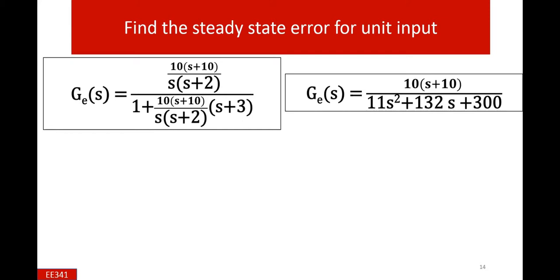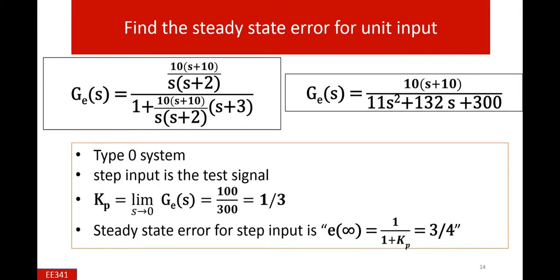First of all, we find that this system is type 0, and for type 0 we can find a finite error only for a step input. So the test signal for this would be a step input, and the corresponding error constant is the position constant.